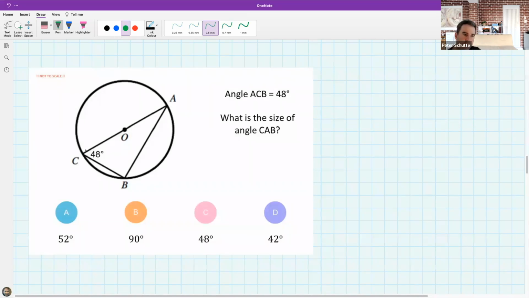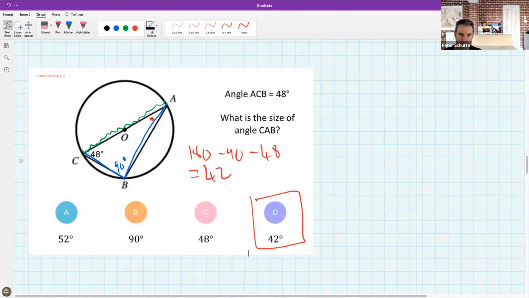So that is the diameter, which means that must be 90, which means that must be 180 minus 90 minus 48, which is going to be 42, which is D. Okay.